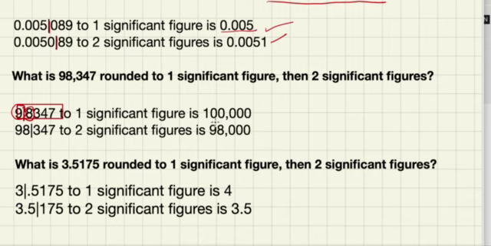So this would become 100,000. If we're looking at it to two significant figures, then the line goes after the second number. This number here is only 3, so it's in the category 4 and below, and this value will not change. So this, written in the shorthand that we've been exploring, is 98,000.